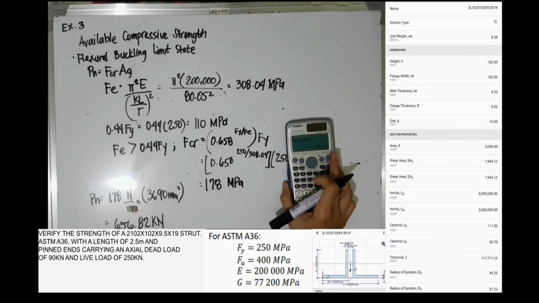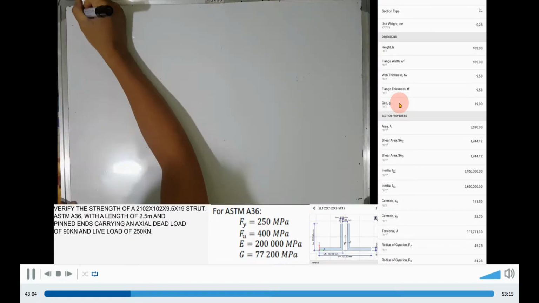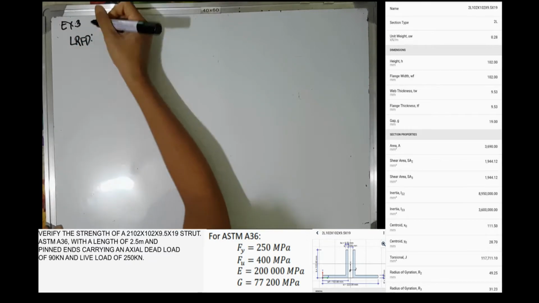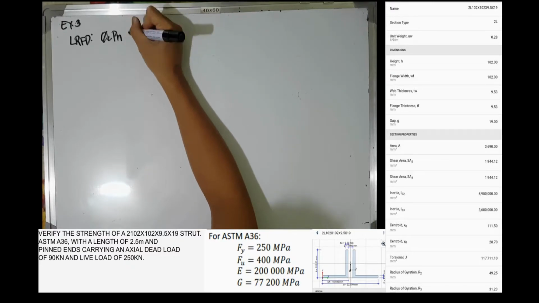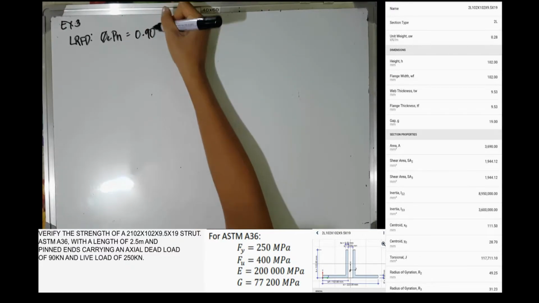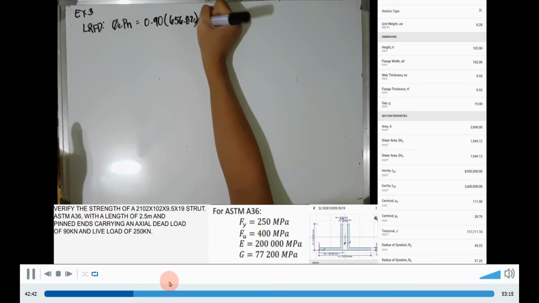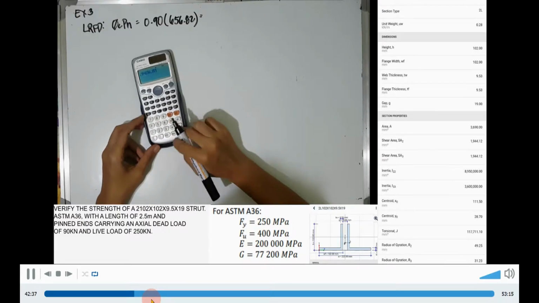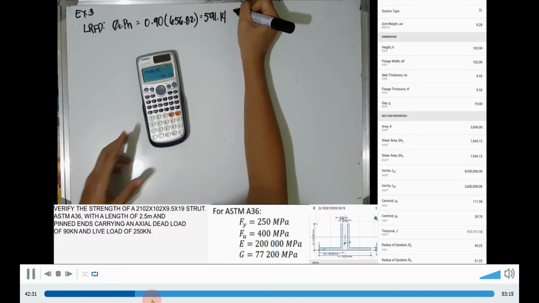And under LRFD, we will just multiply the nominal strength with the factor, which is 0.9, which is equal to 591.14 kilonewton.